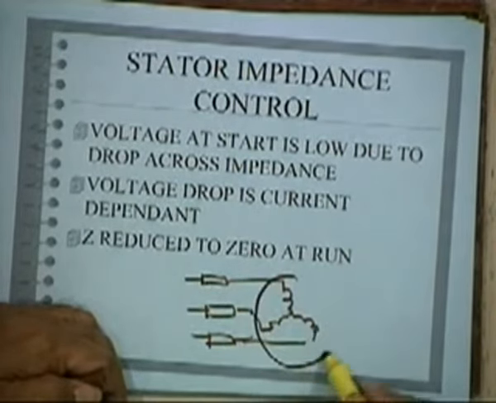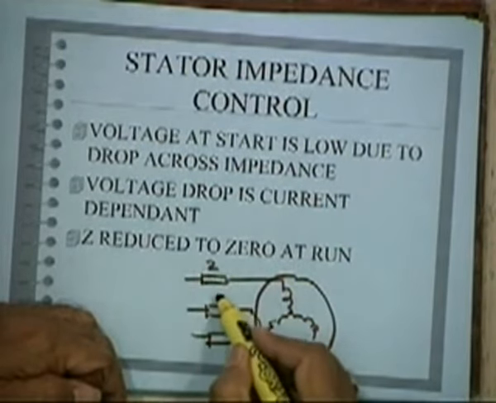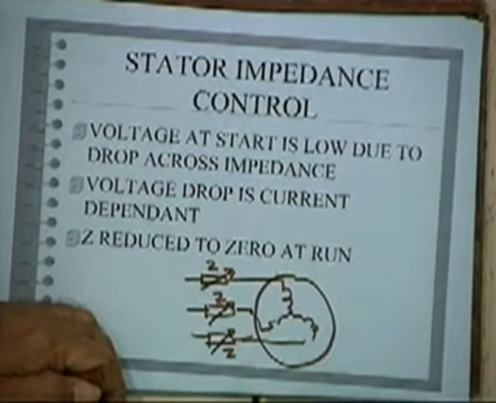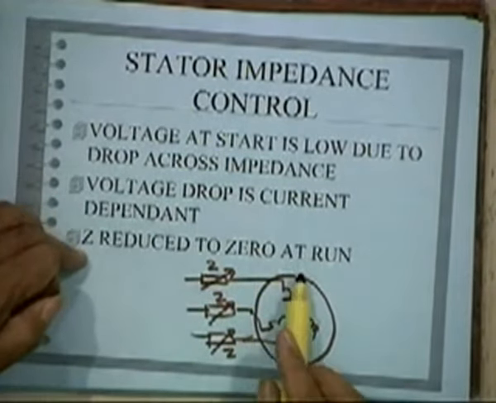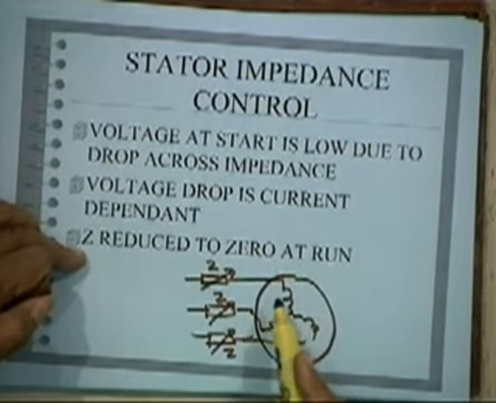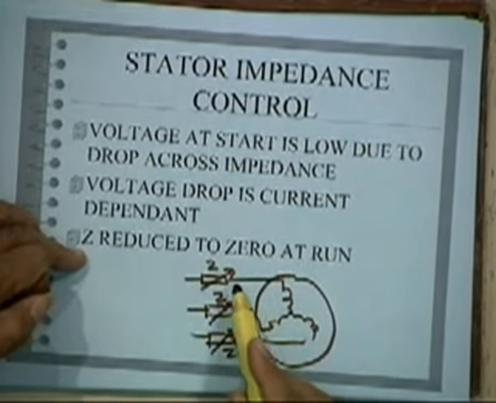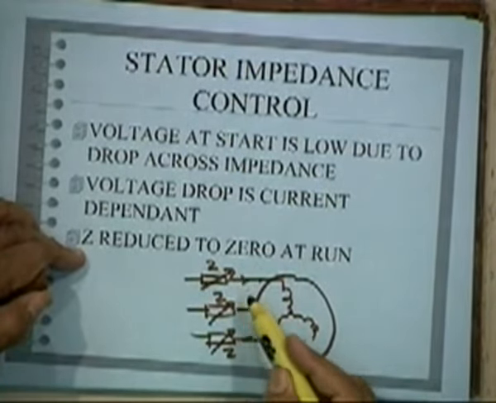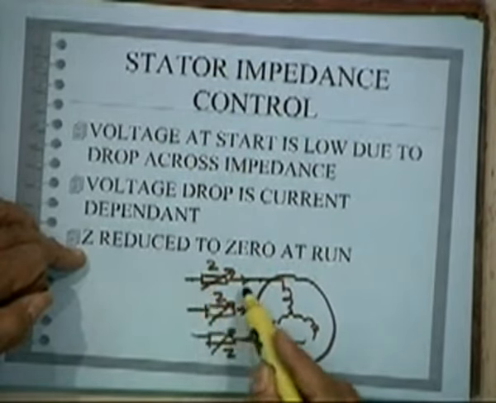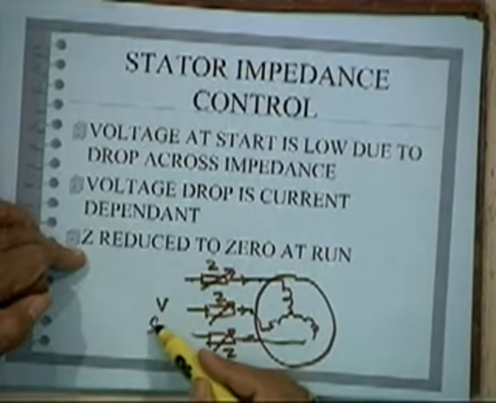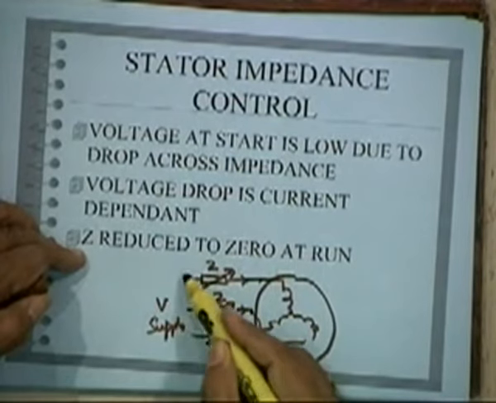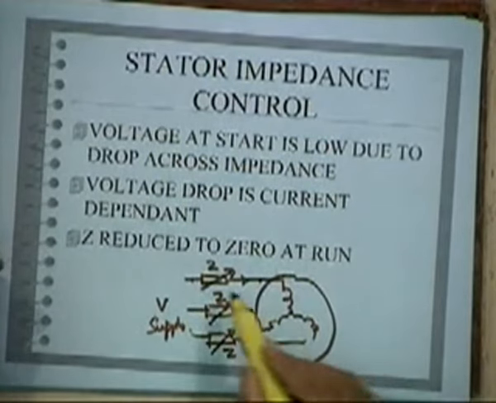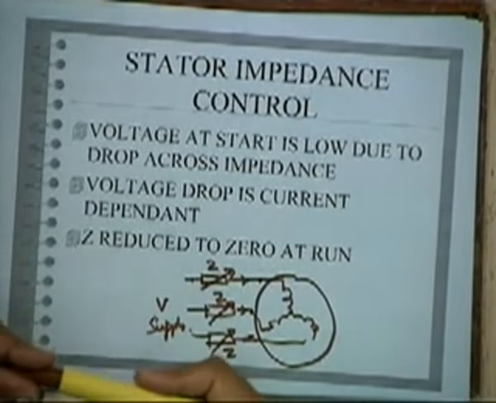So, if this is the motor, you have an external impedance Z, and this can be varied, and Z reduces to 0 at run conditions. When Z is full, the voltage across the motor will depend upon the current flowing through it, because of the drop across Z, since this will be the supply voltage. So the voltage across the motor will vary as you change Z.